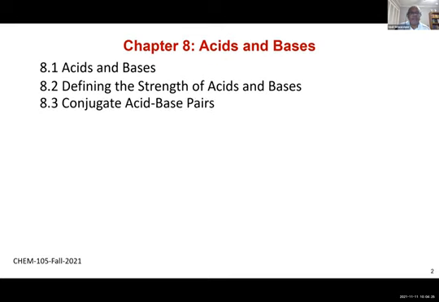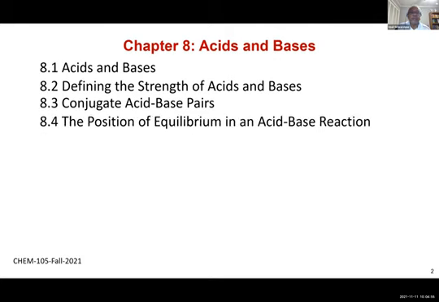We're going to look into how we define which acid is stronger or which base is stronger. Now, among Bronsted-Lowry acids and bases, in their reactions, you find conjugate acid-base pairs. We're going to define what conjugate means. So you will know what conjugate acid-base pairs are in Bronsted-Lowry type acid-base equilibrium.